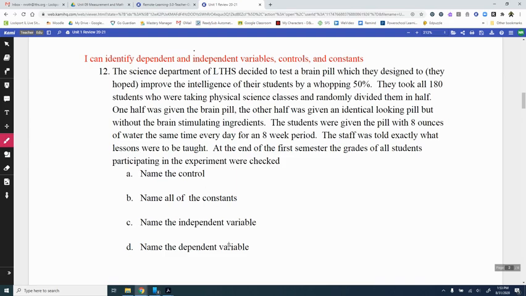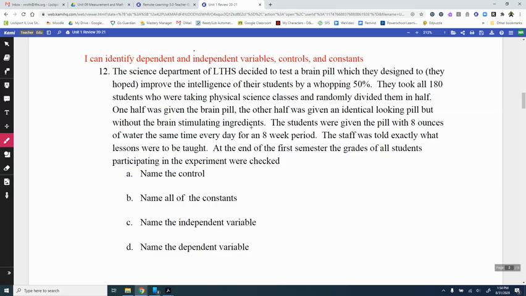All right, so we are going to name all the different parts of this experiment. One group at LTHS was given the brain pill. One group was given an identical looking pill, but without the brain stimulating ingredients.